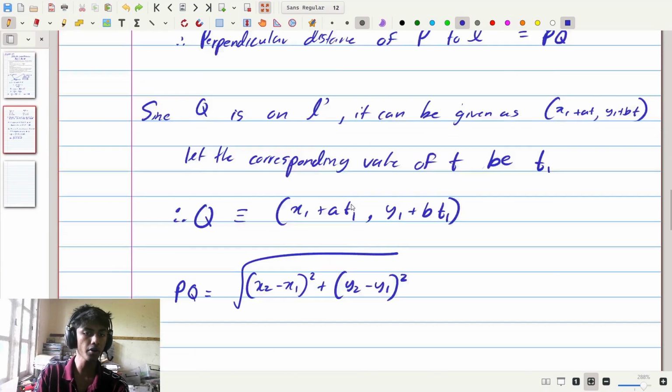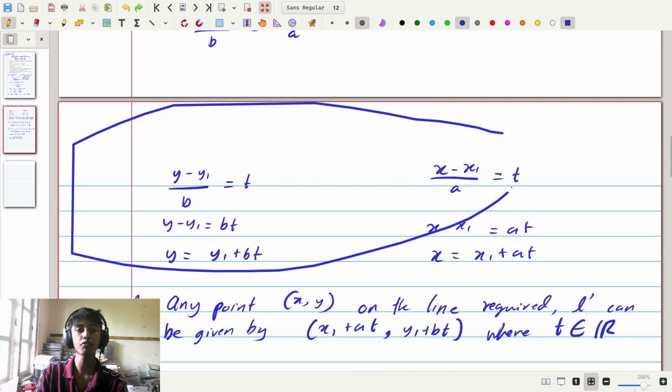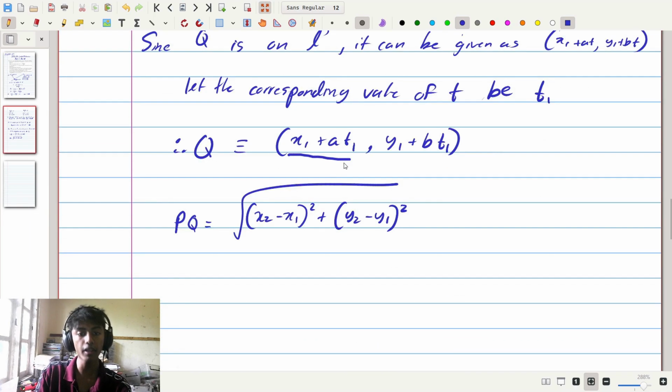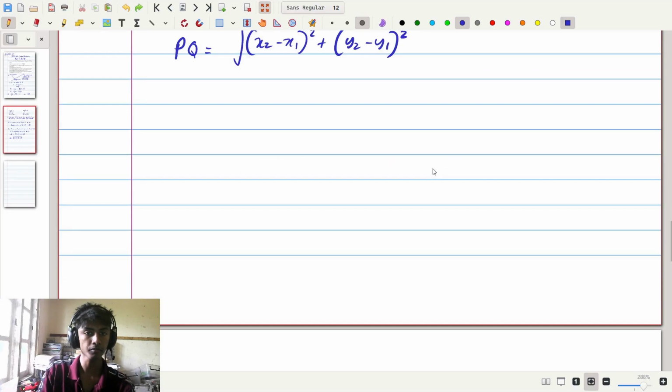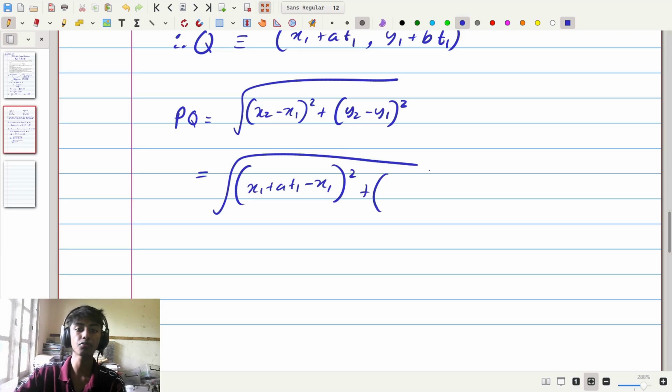Now here, what I'm going to do is substitute in x2 and y2 as these two coordinates that we just found, based on the result that we found just before we started this question. So I'm going to substitute in the value of x2 as x1 plus at1 and y2 as y1 plus bt1. Doing so, we get equals the square root of x1 plus at1 minus x1 squared, plus y1 plus bt1 minus y1 squared inside of the square root.